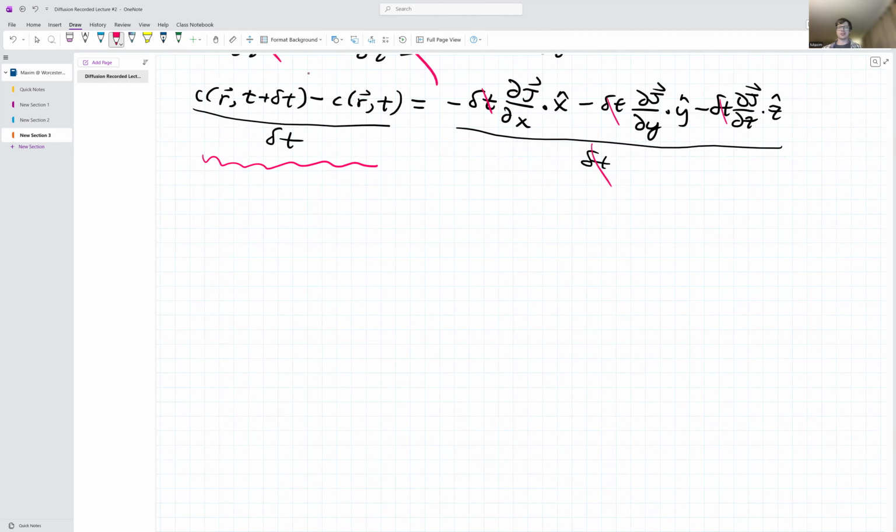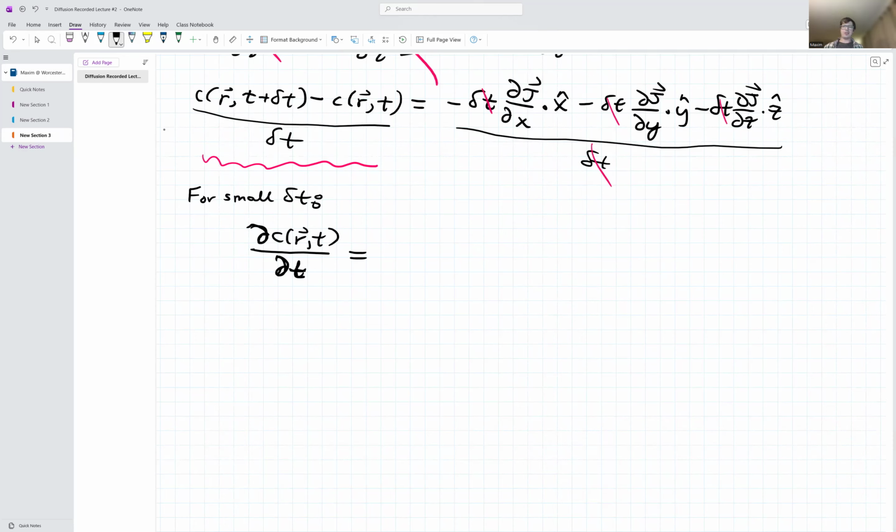If we send the time interval to 0, this is just another expression for a derivative. Or you can think of it as doing another Taylor series. For small time intervals, this is just the derivative of C of r and t with respect to the time variable. And again, we have to use partials everywhere because this is a function that depends on both space and time, so we have to keep all the other variables fixed.